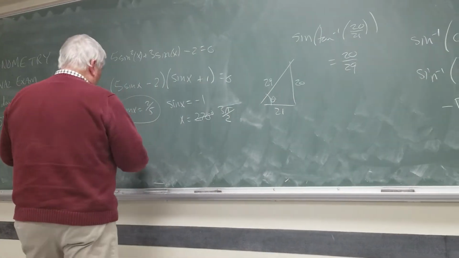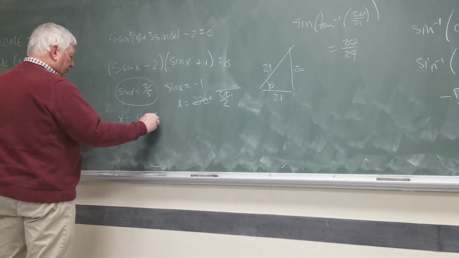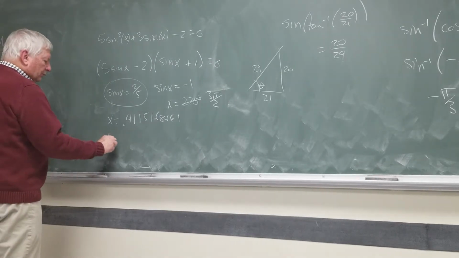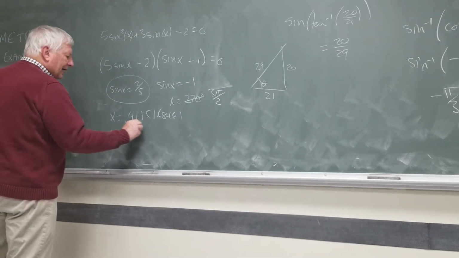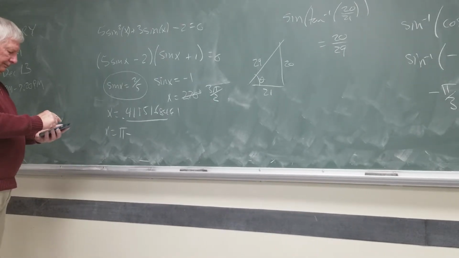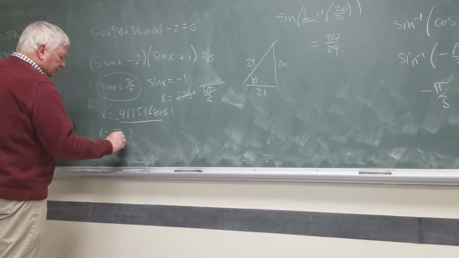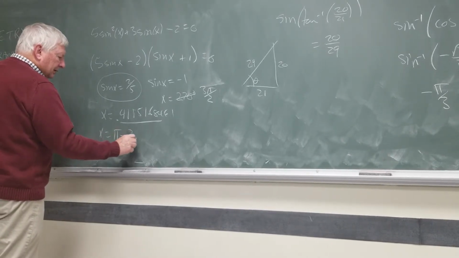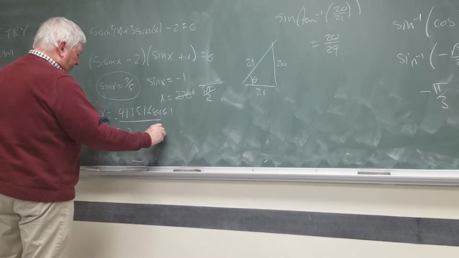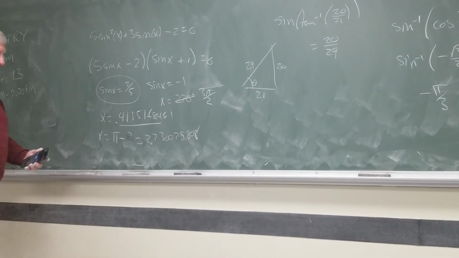So x equals 0.41151684661, or x is equal to pi minus this value, which is pi minus that, which gives me positive 2.730075808. More spaces than you need.